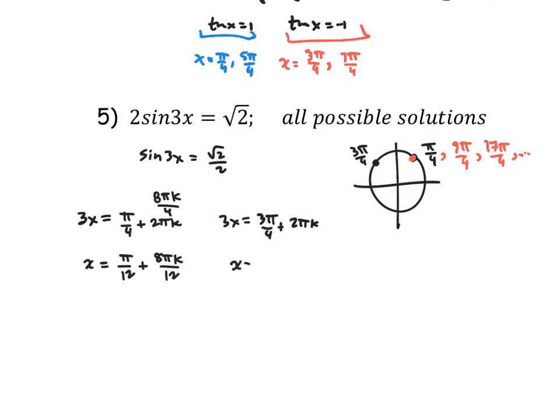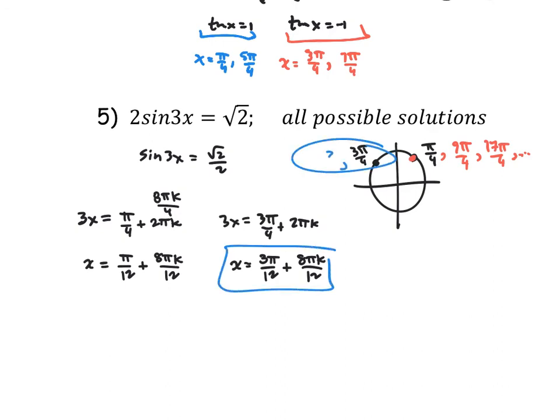Okay, and over here I'm going to divide both sides by 3, so this would be 3 pi over 12 plus 8 pi k over 12. So this one here in blue would yield all values that would end up right here, whatever they would be. And it's a formula, right? It's a formula such that we could find all values. K could be a positive or negative number. K is just an integer, right? It's an integer value.